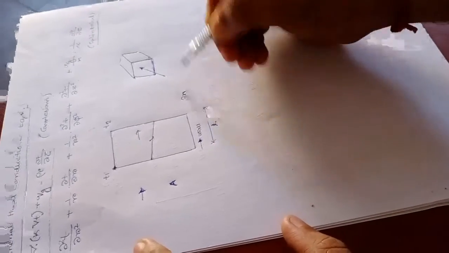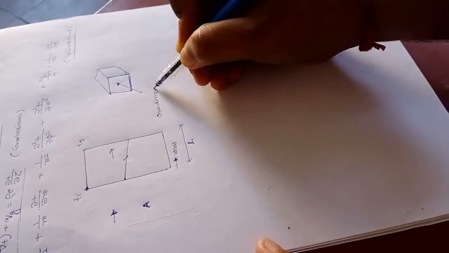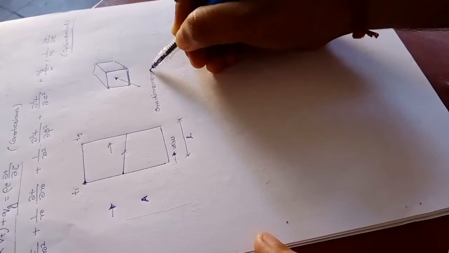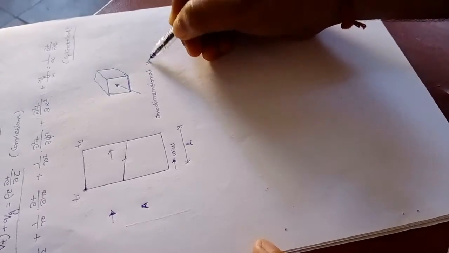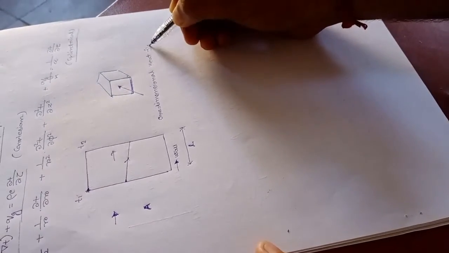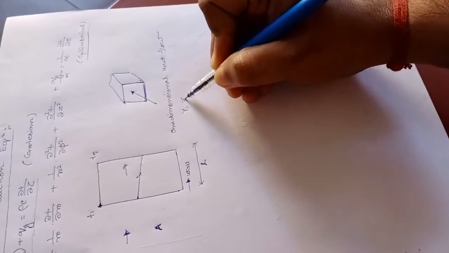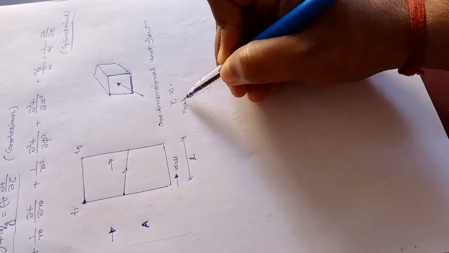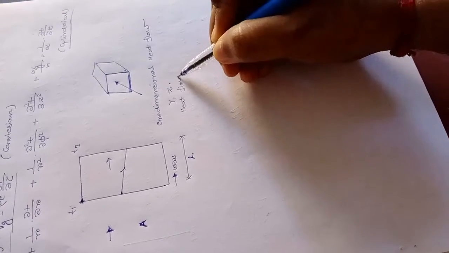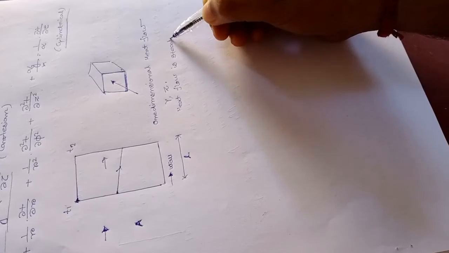Now this is one dimensional heat flow, or 1D I can say. So there will be no y direction term and no z direction term, and we have to consider that the heat flow is steady.